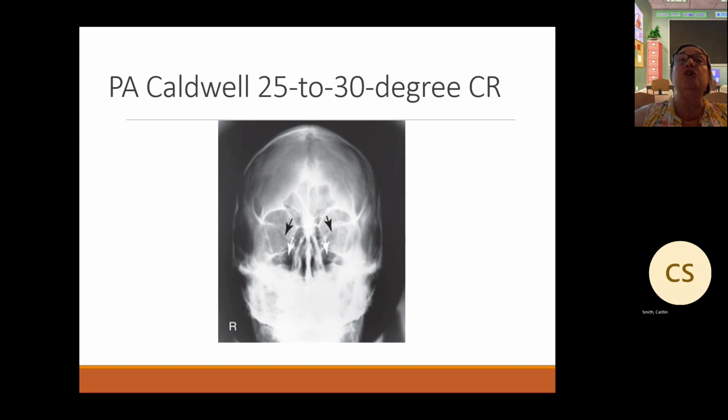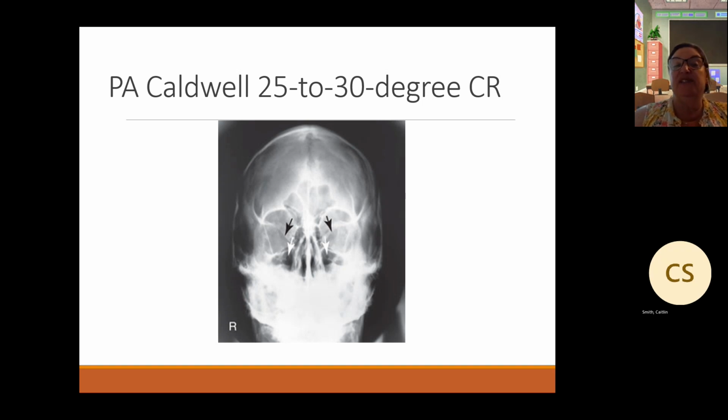Now, if you do a Caldwell with a 25 to 30 degree central ray, look what happens to the petrous pyramids. They come way below the orbit. And the reason why some places do this is to have better visualization of the superior orbital fissures, which are up here.